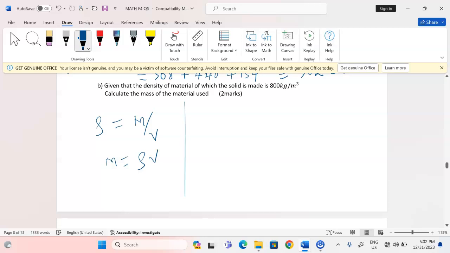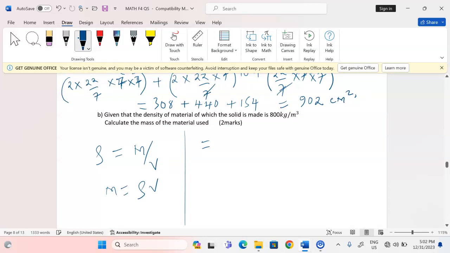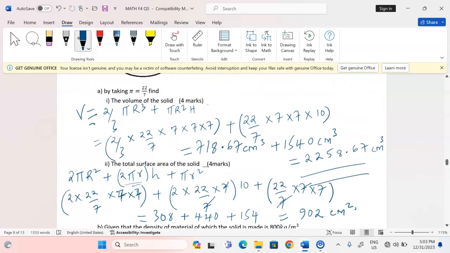We can change this density to grams per cubic centimeter by dividing it by 1,000. So it becomes 0.8 grams per cubic centimeter. That is the density, multiplied by volume, which is in cubic centimeters.